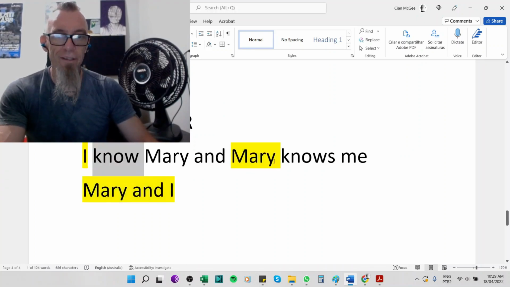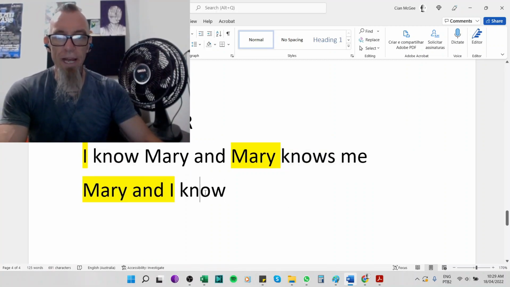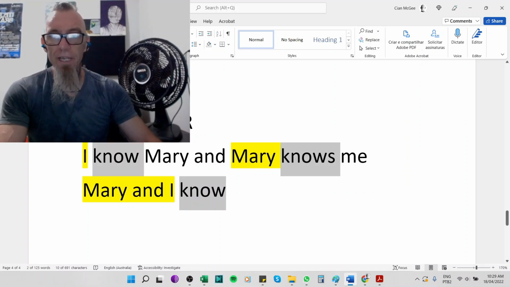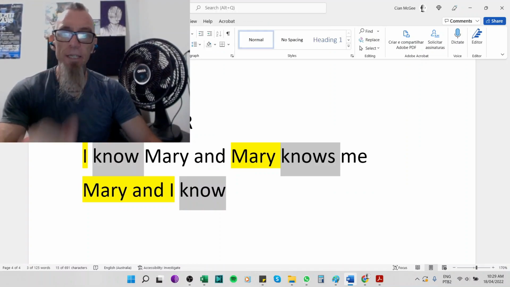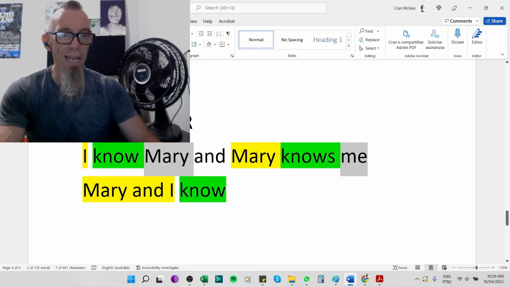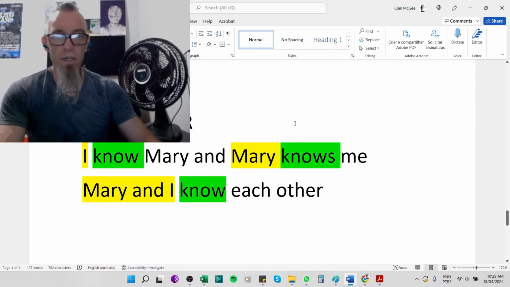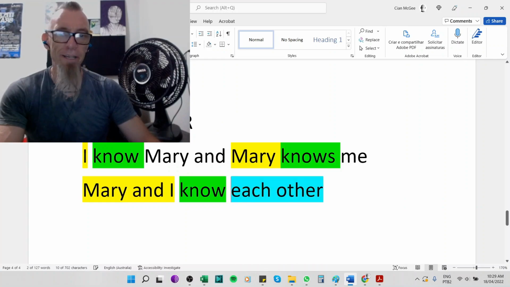Now the verb is the same, so let's keep that same verb. So now this part of our sentence is done, our clause, and of course the objects are the same as the subjects, so we just put each other. Mary and I know each other.